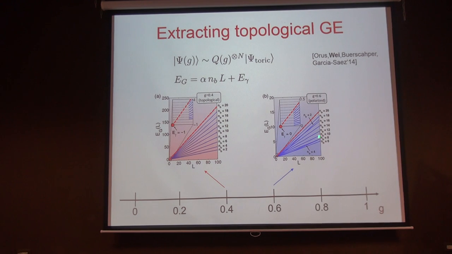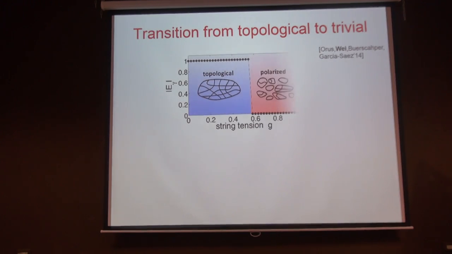And what if we look at g equal to 0.6? We get extrapolation to 0. So this must be the same as the product state. So this is the result. We extrapolate to a large number of blocks and large lengths. This is the topological geometric entanglement.